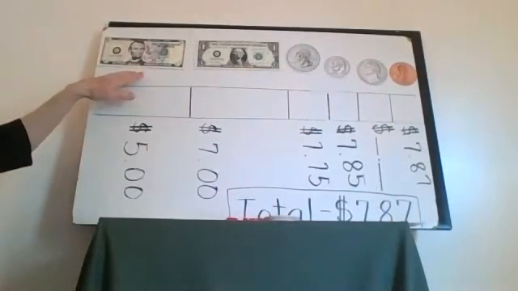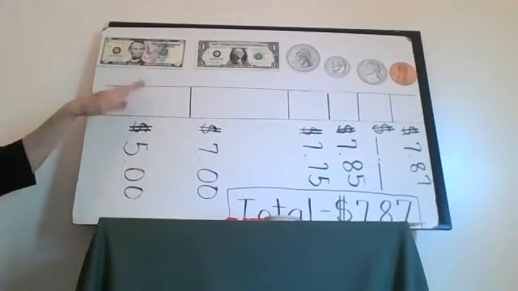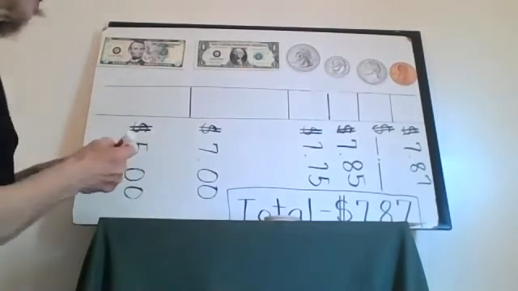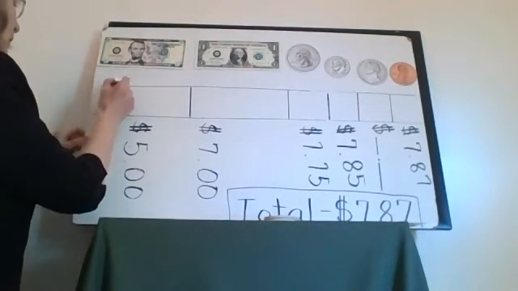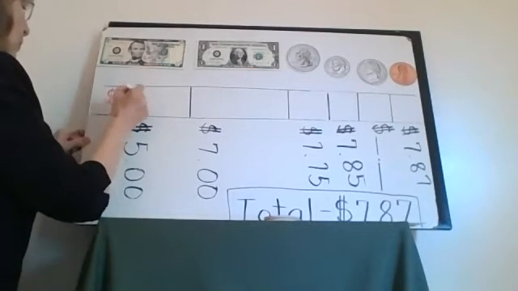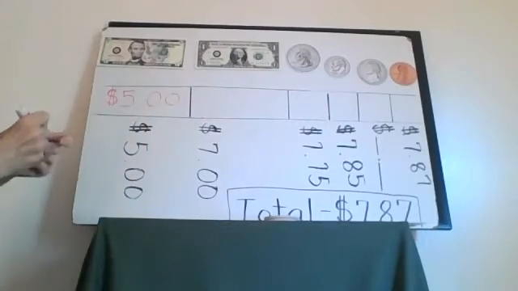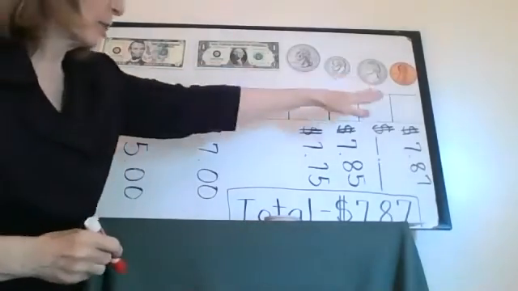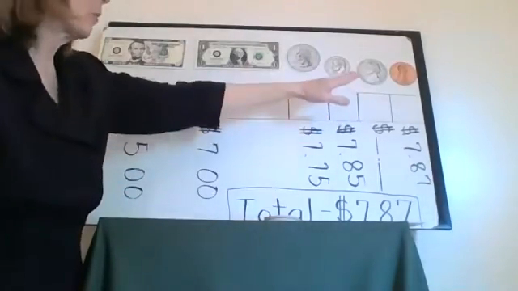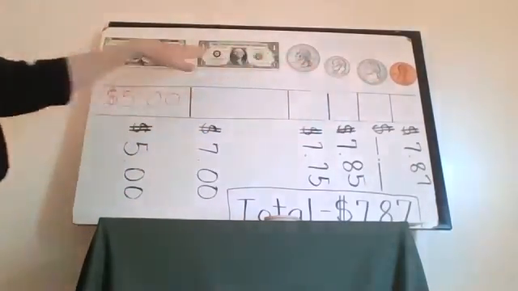So we have $5. So what do we write in the box here? Should we write $5? I think we should. Let's write $5. We start with the big bill, and then we work down to the smaller. Now when you're counting change and give change back to somebody, you would start here and work this way.